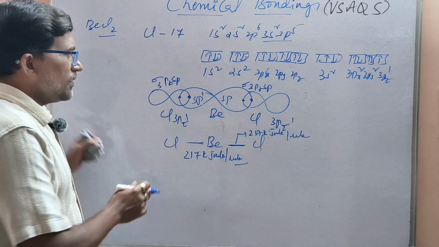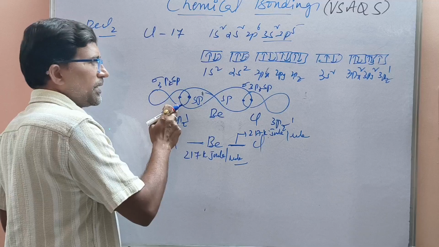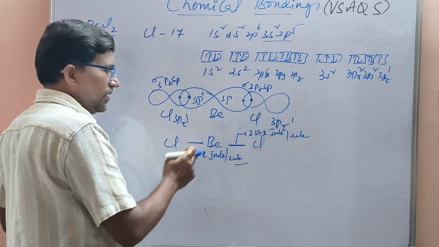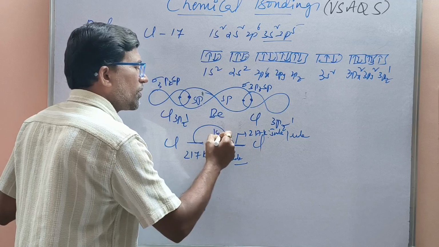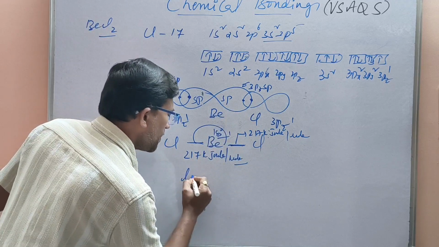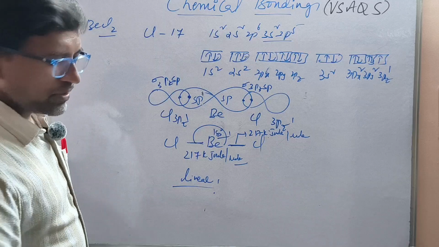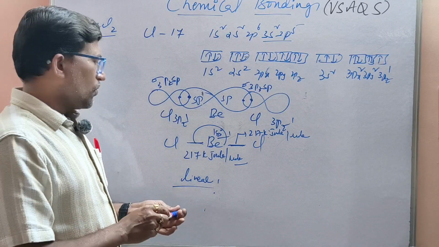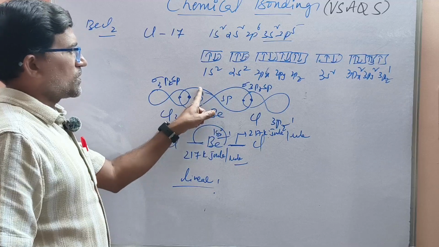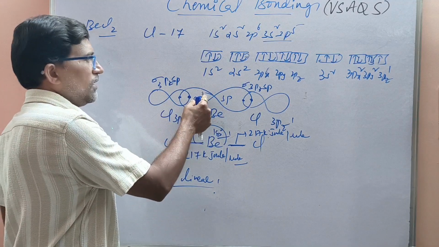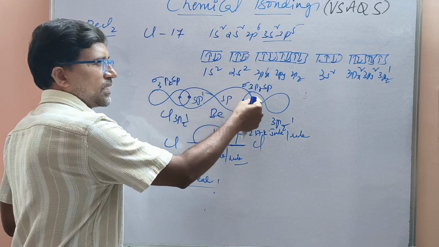Both have the same sp hybridization, with chlorine having one unpaired electron. The bond angle is 180 degrees and the shape is linear. Because of sp hybridization, both sp hybridized orbitals participate in bond formation with the 2 chlorines: the sp orbital of beryllium with the first chlorine, and the other sp orbital with the second chlorine.